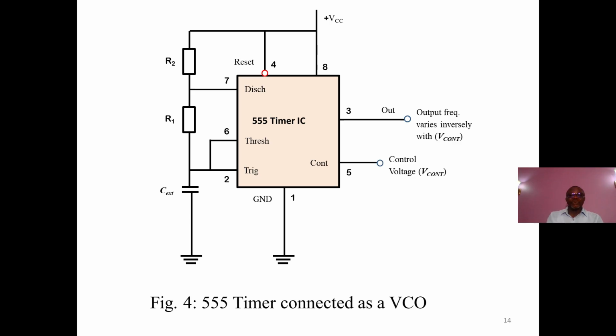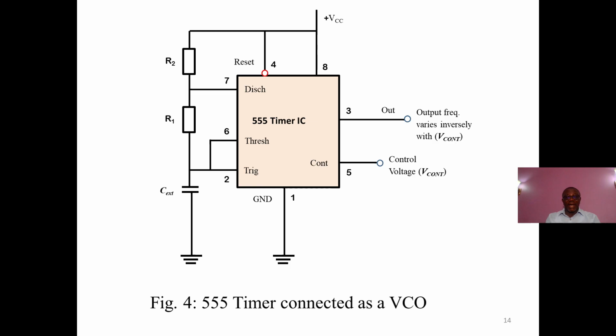This is what we are saying, that if you reconfigure the 555 timer, it can give you a voltage controlled oscillator. Now, this is done by applying a control voltage to pin 5. Whatever voltage you want to use to control the oscillation, you apply it to pin 5.